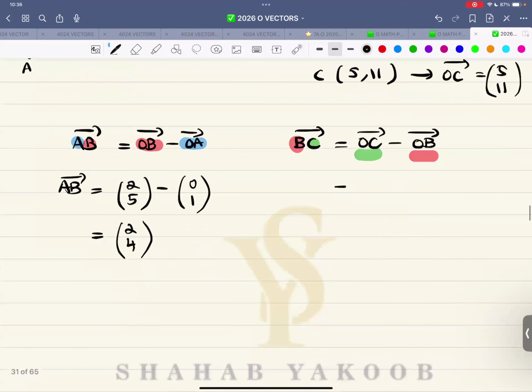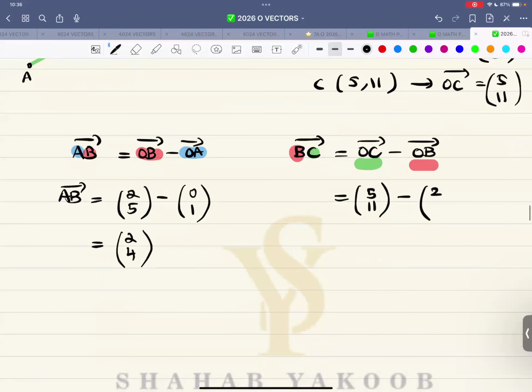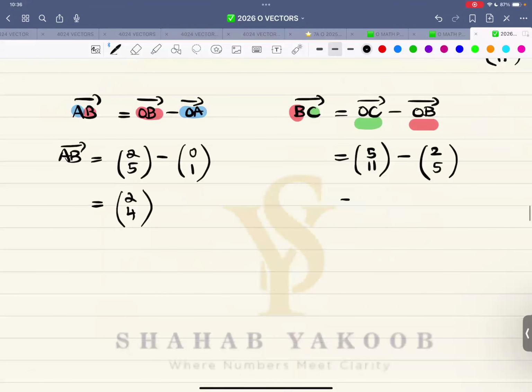OC is (5, 11) minus OB, that is (2, 5). 5 minus 2 is 3, 11 minus 5 is 6. So this is what you are getting. Now we have two vectors: one is AB, the other one is BC.